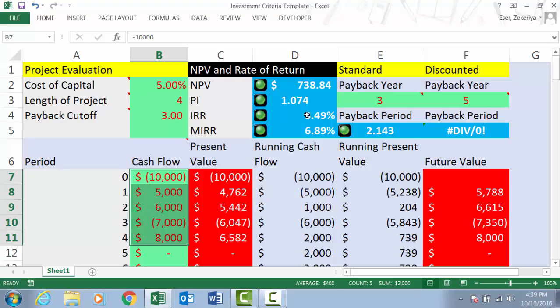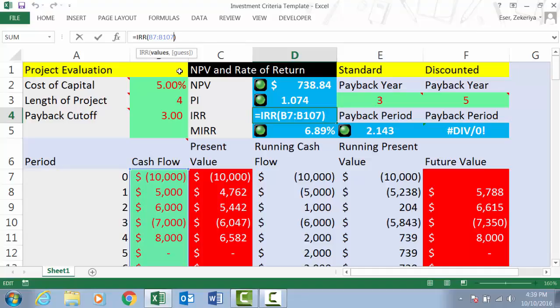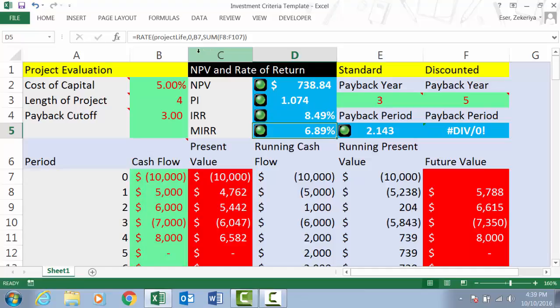This one is the one Excel comes up with. In fact, if you use a different starting value, you may get something else. Well, in this case I didn't, but it's the modified internal rate of return that matters in that case.